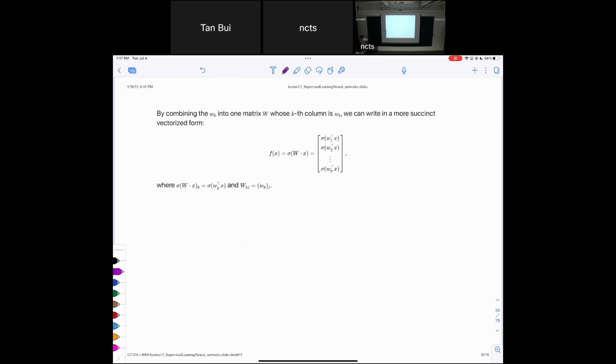Okay. So of course you can write it in matrix form. The matrix form is actually nicer. W is a matrix there, so you can write it in a more succinct form.